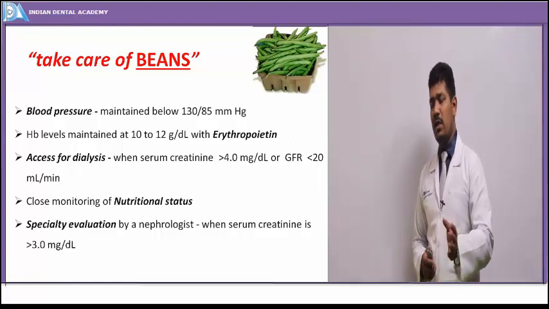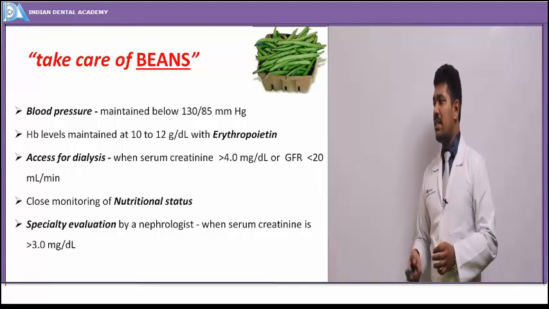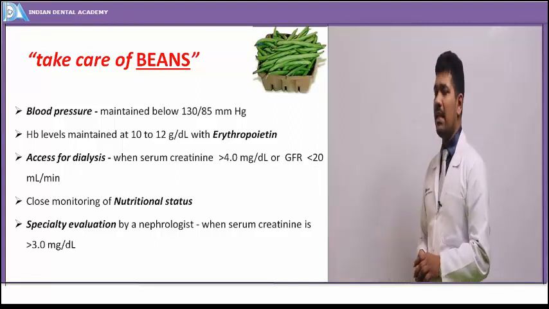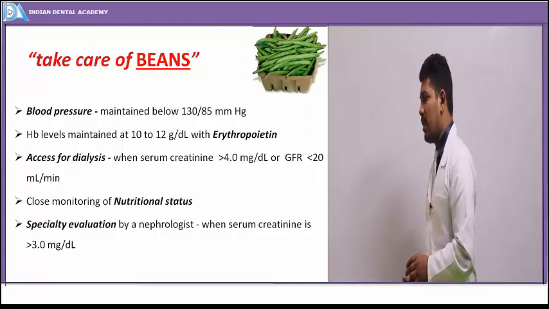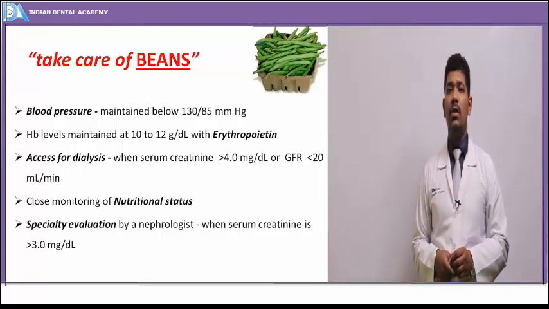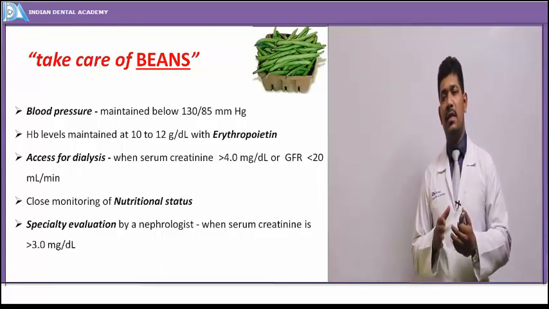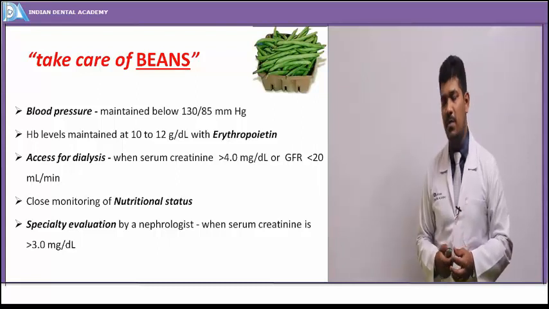So the diet chart is totally changed. And the S stands for specialty evaluation by a nephrologist, wherein the serum creatinine is normally more than 3 milligrams per deciliter. It has to be taken care of by a specific nephrologist.